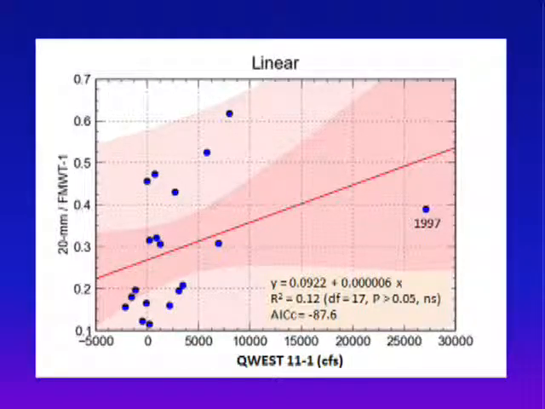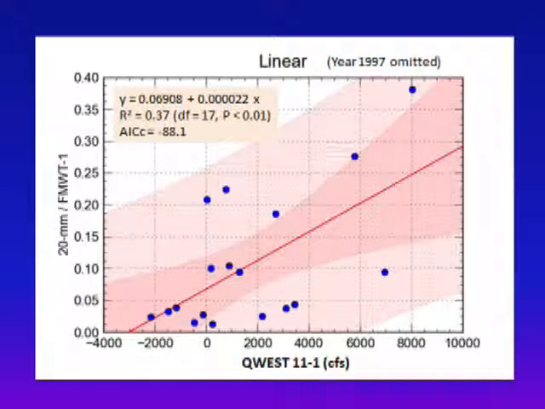Now with QWest, the net flow at Jersey Point was not significant using the entire data set because of this year, 97, a wet year with extremely high outflow. But removing that data point, we see the relation conforms to a more linear relation.